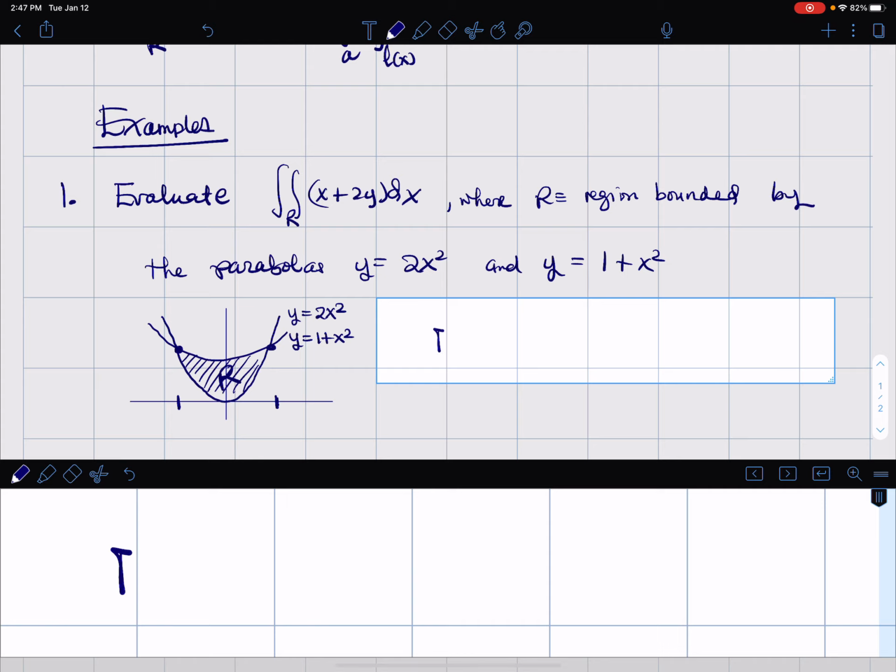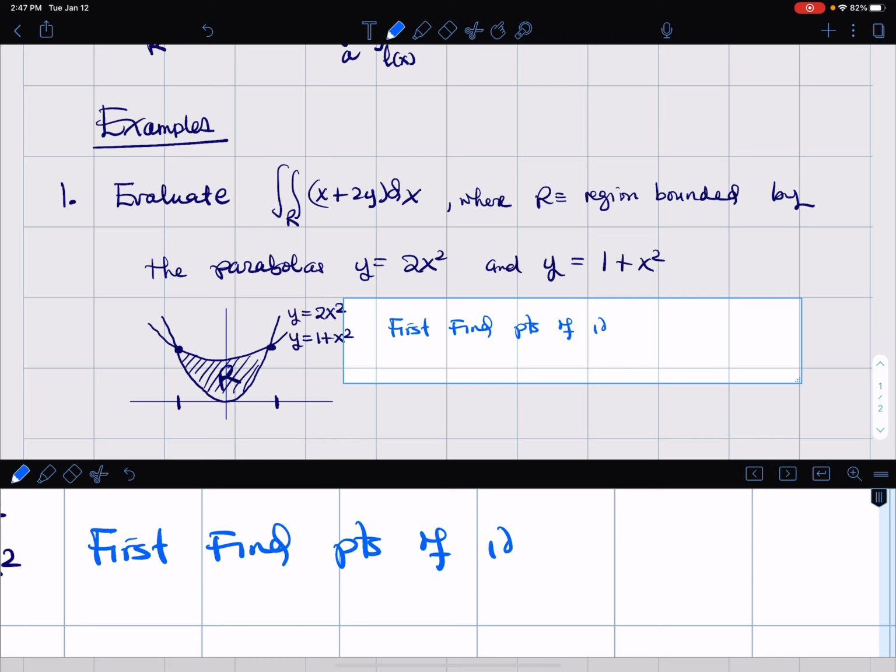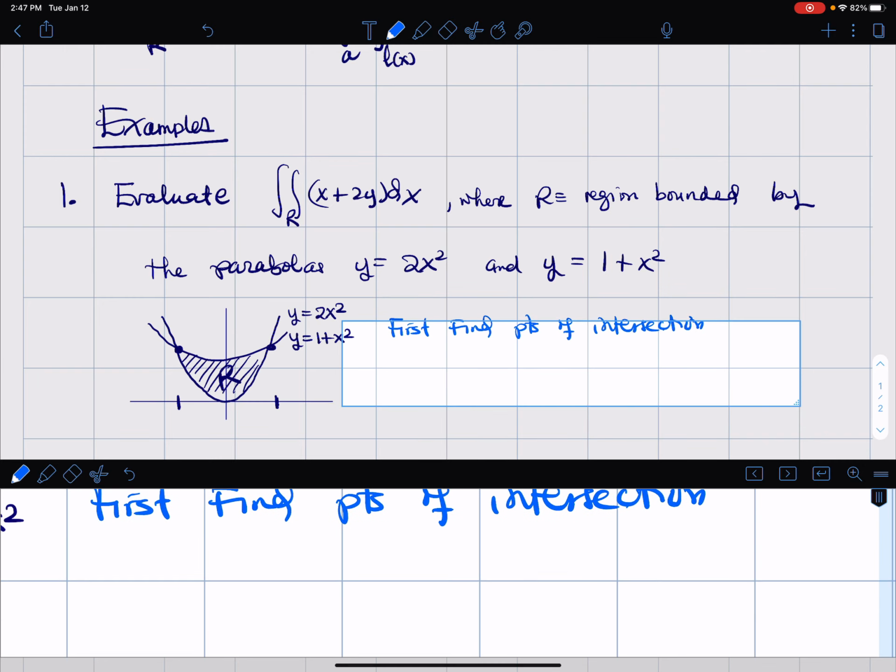So first, we find the points of intersection. You set 2x squared equal to 1 plus x squared.